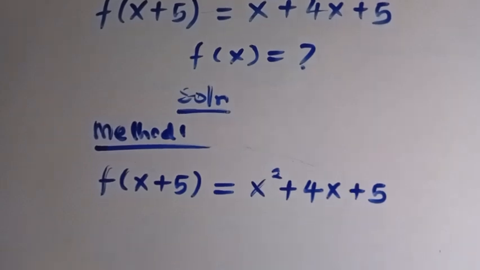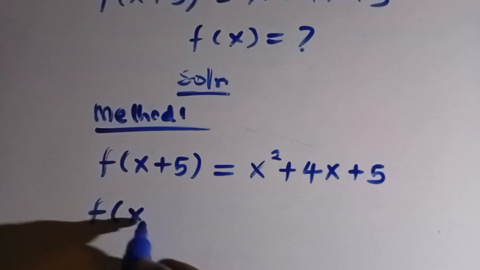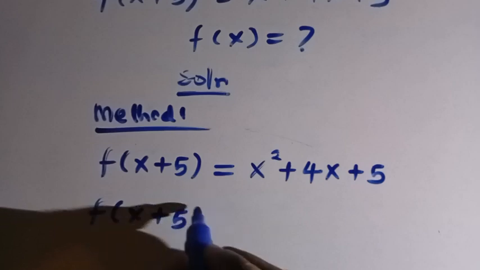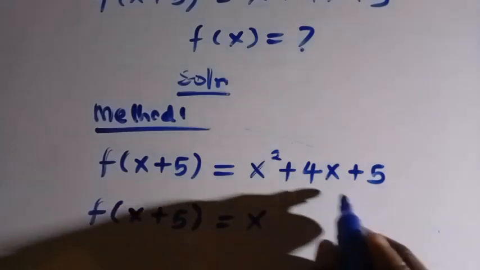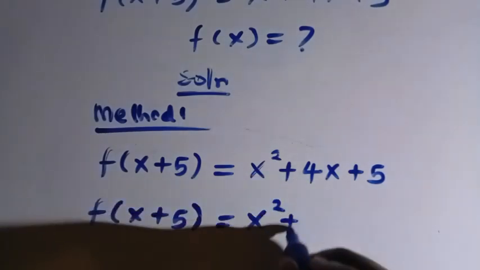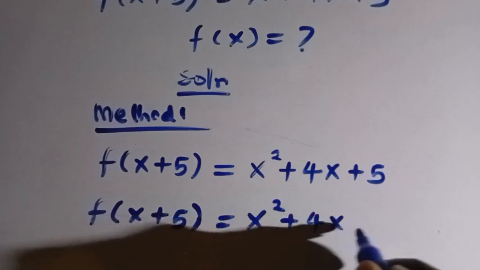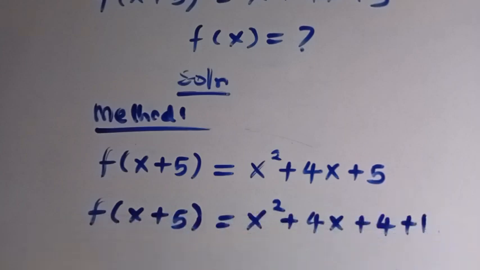What I'm going to do here is write f of x plus 5 equals, instead of x squared plus 4x plus 5, x squared plus 4x plus 4 plus 1. This is still the same thing as this.